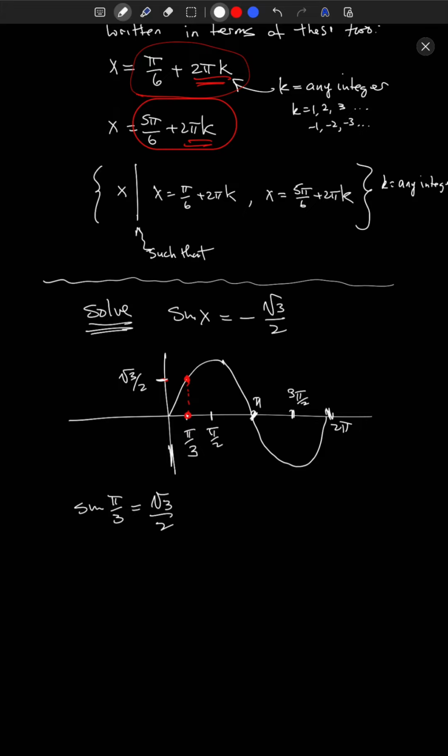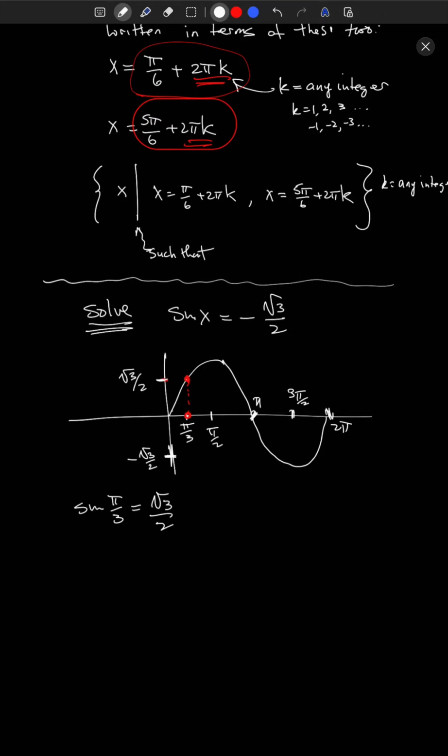Okay, that's not what we want. We want minus root 3 over 2. We want to find a point so that we get the output of minus root 3 over 2. So again, we're going to use the symmetry idea.